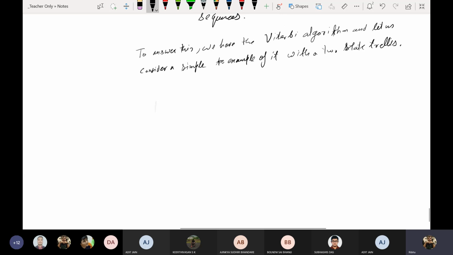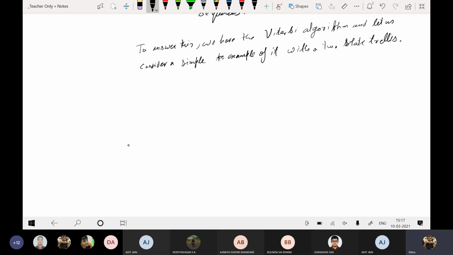So we have a two-state trellis. We know that we start at time 0 at state 0, and there are two states S0 and S1.